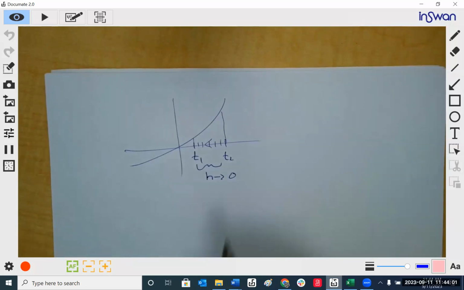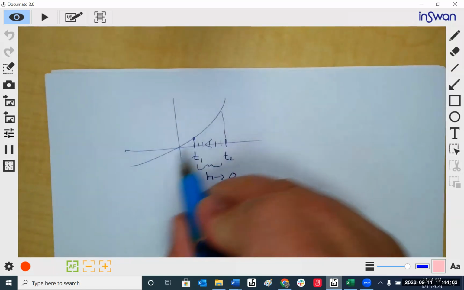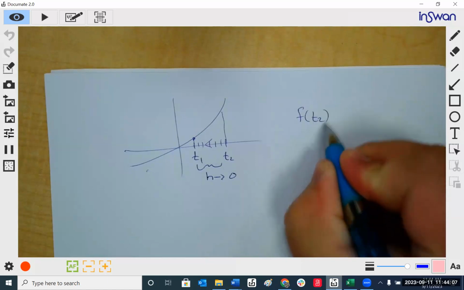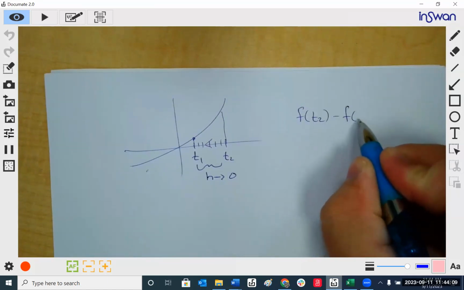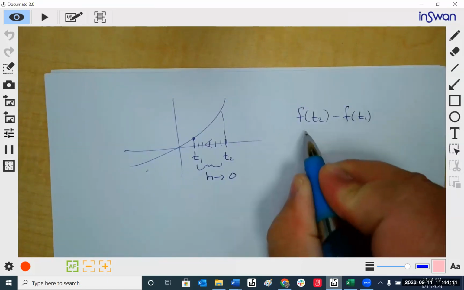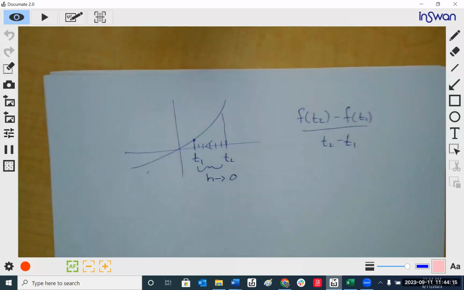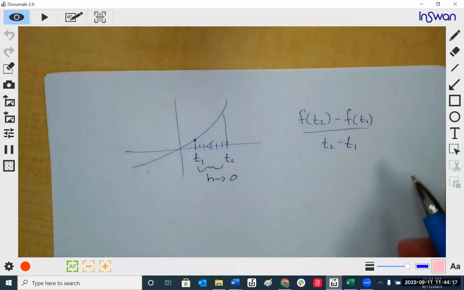That'll be what we're looking for here, once we find this value, because if you think about it, f of T2 minus f of T1, what is that formula right there?